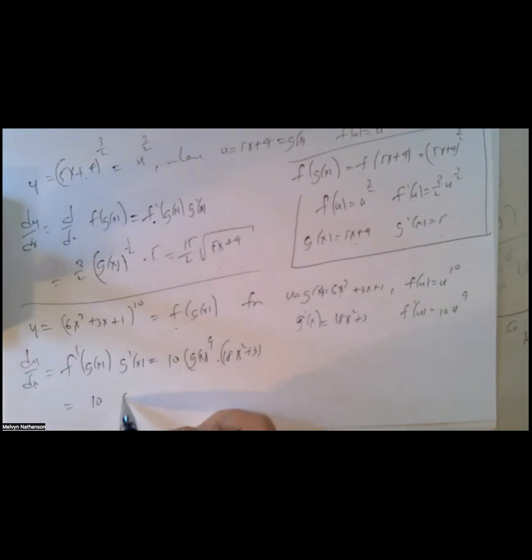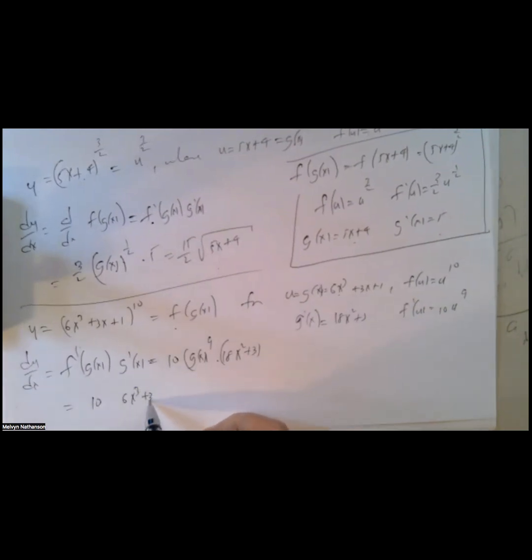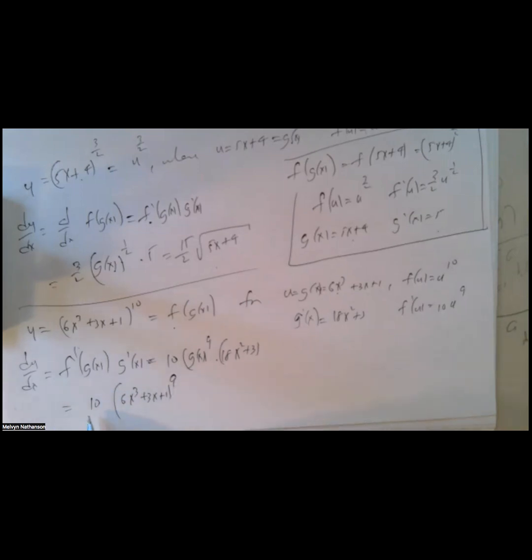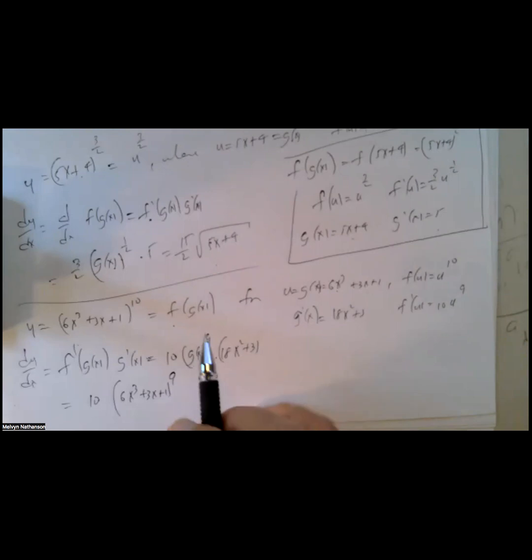So this is 10 times 6x cubed plus 3x plus 1 to the 9th. Right? 10 g of x to the 9th times g prime of x, which is 18x squared plus 3.